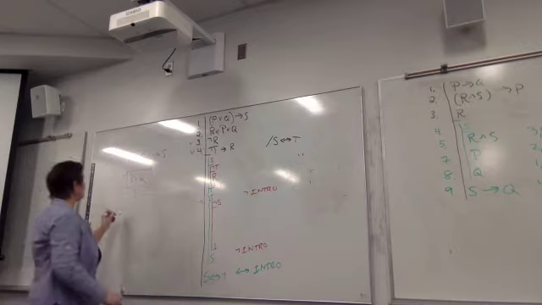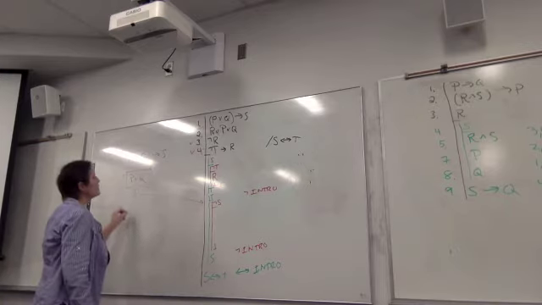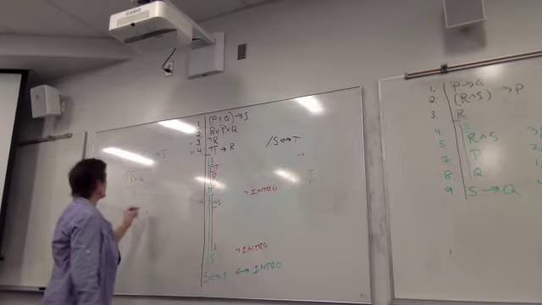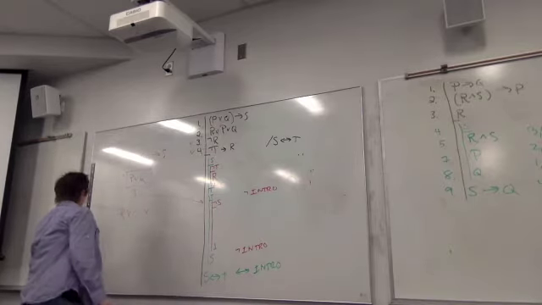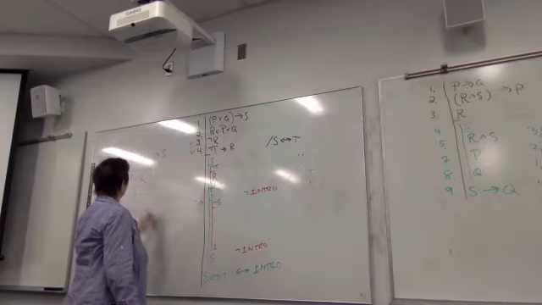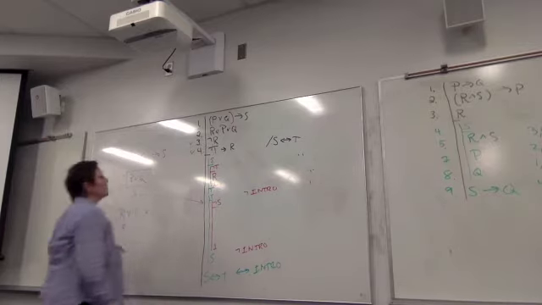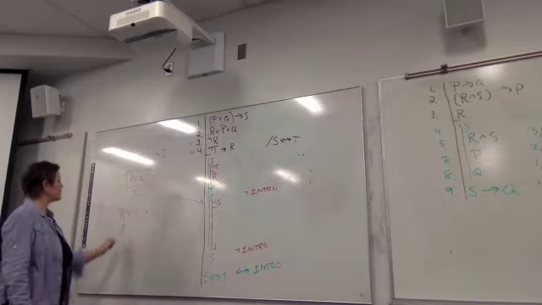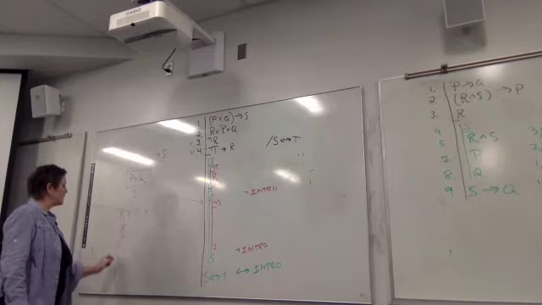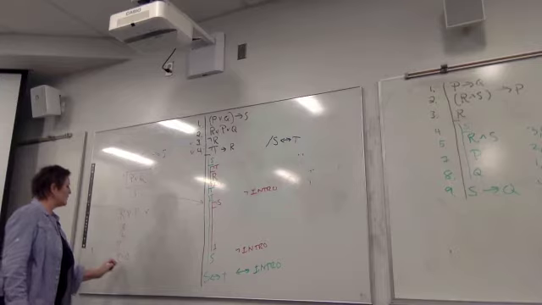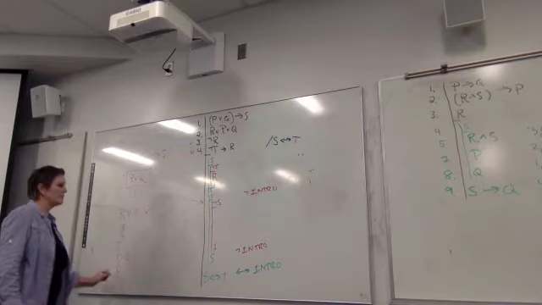Let's walk through this. So R or P or Q. Assume R, contradiction. Assume P, P or Q, S, contradiction.